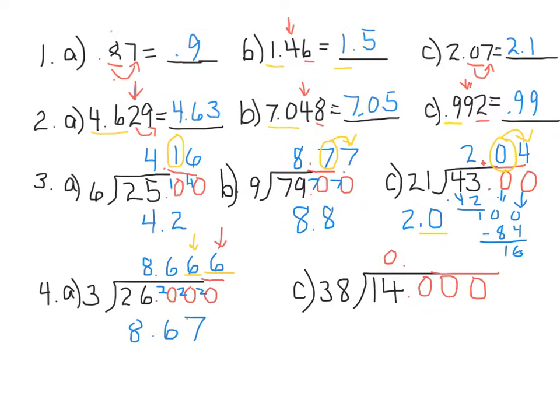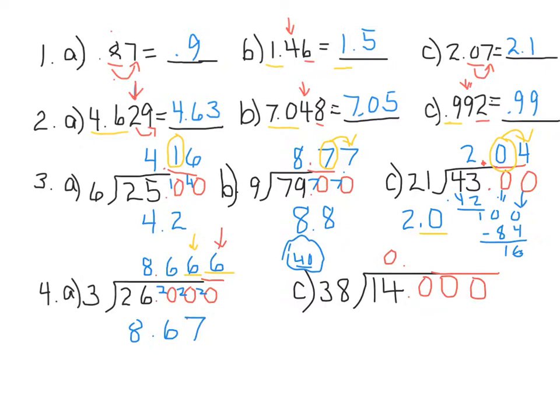So 38 going into 140. Well, 38 is about 40, right? That's going to go in my think cloud. Okay, so that's 4. I'm going to use my 4 times tables because that's my compatible number. How many 4s go into 14?